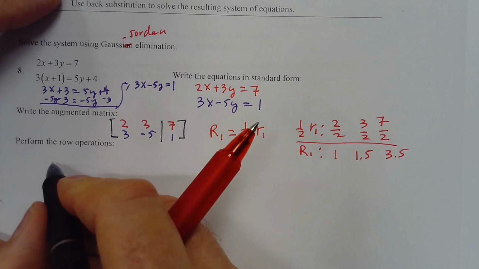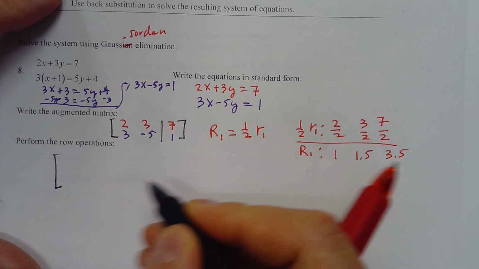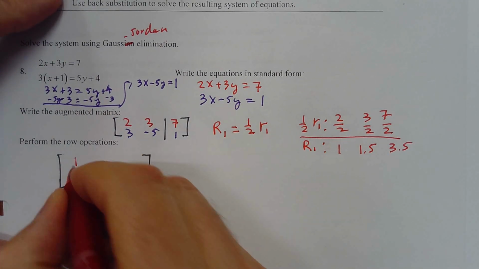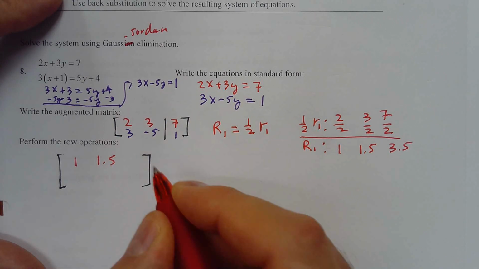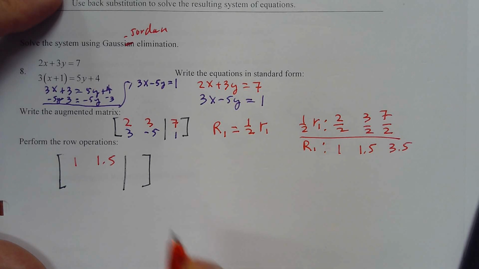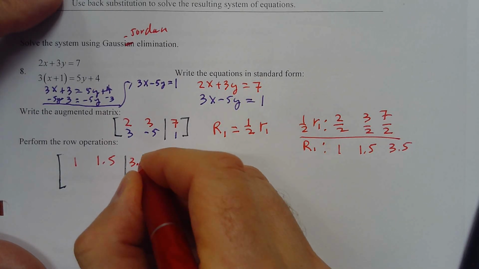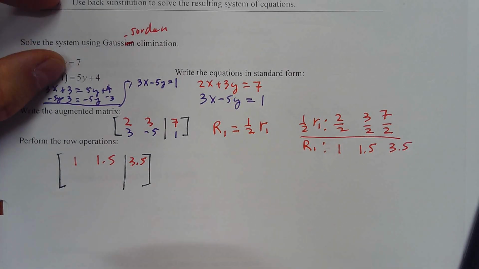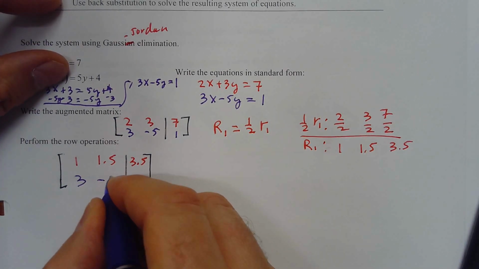So now when I write my matrix, I'm going to write 1, 1.5, and 3.5. Just going to copy down the second row as is.